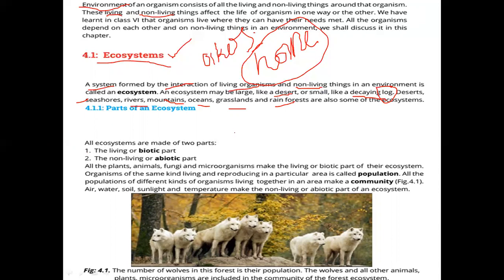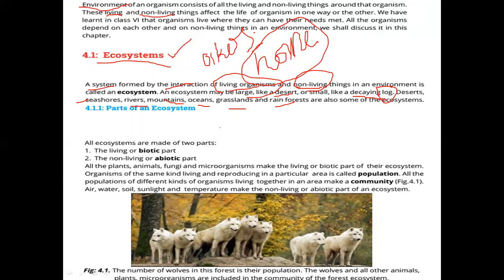Ecosystem has two parts or two components. As we have discussed before, one is living, and the other is the non-living part of the ecosystem.